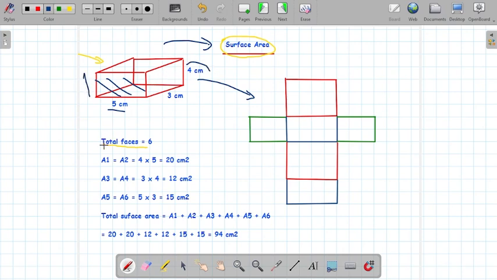So it's equal to 4 times 5. And by the way, every face has a pair. So a total of 6 faces, but they represent 3 pairs. So area 1 and area 2 are equal to 4 times 5, which is equal to 20.